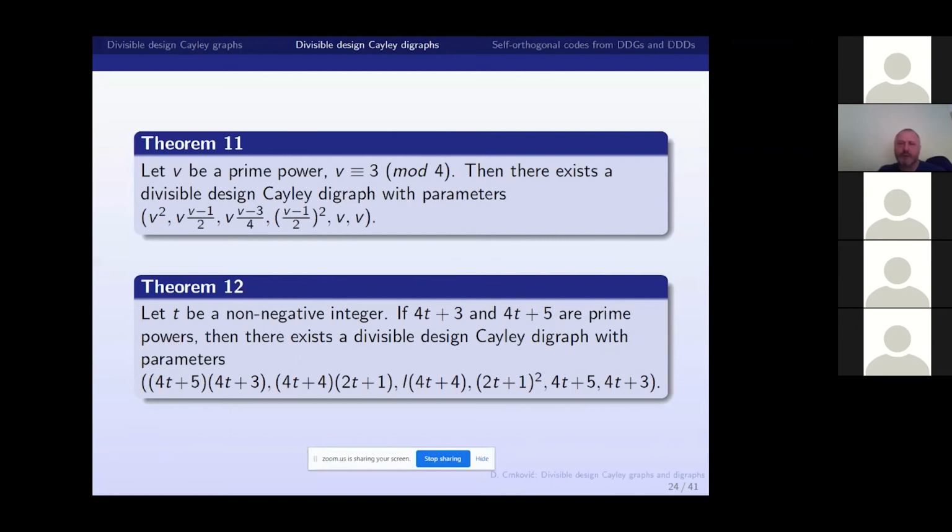Since we have two prime powers, one is congruent to 3 modulo 4 and one is congruent to 1 modulo 4. So in the first case we use a Cayley design, and here we use a Cayley graph, and combining the incidence matrices in some way, we get a divisible design Cayley digraph with these parameters.